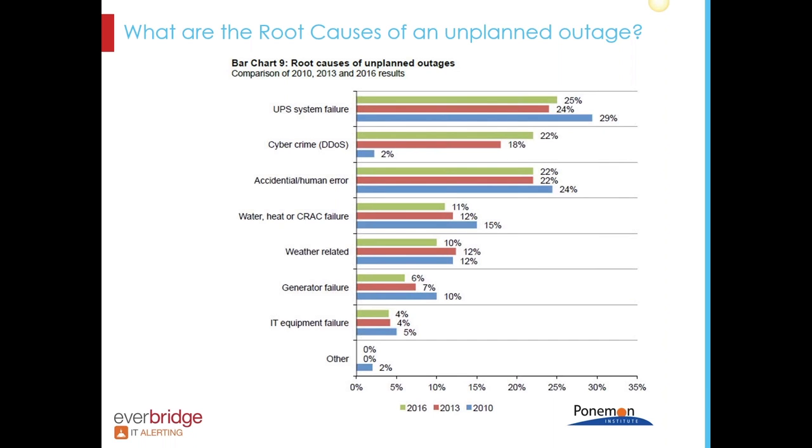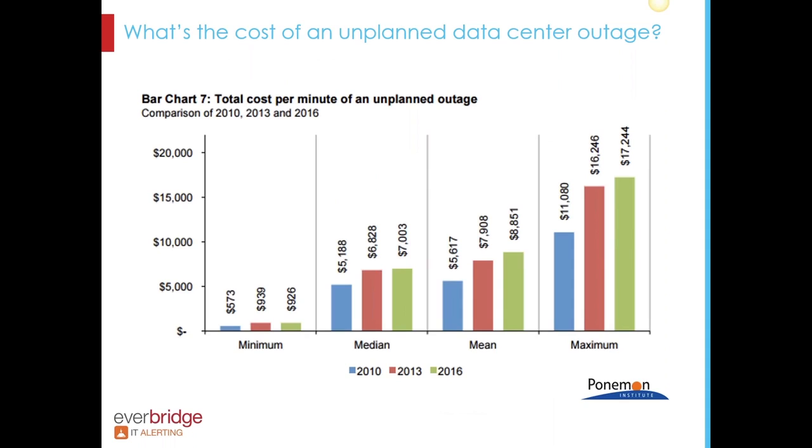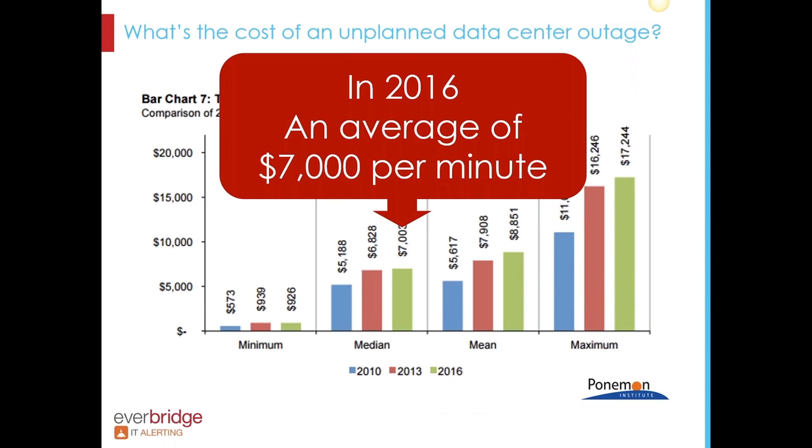And when you read this report, you'll see that there's another chart which is very interesting, and that's the cost to the business of those unplanned outages. I just wanted to highlight that even if we only take the median cost per minute, we're already talking about $7,000 per minute as the cost of an unplanned outage to the business.